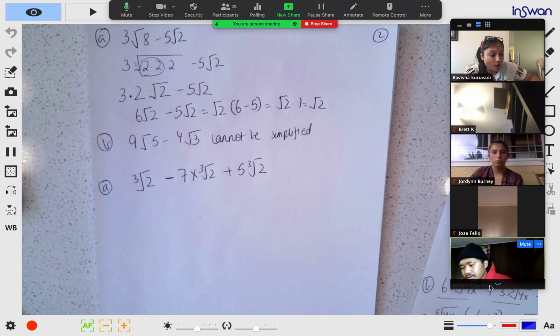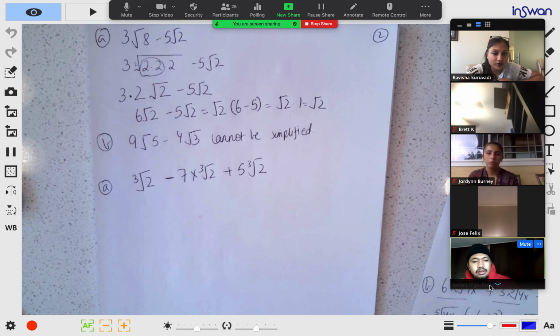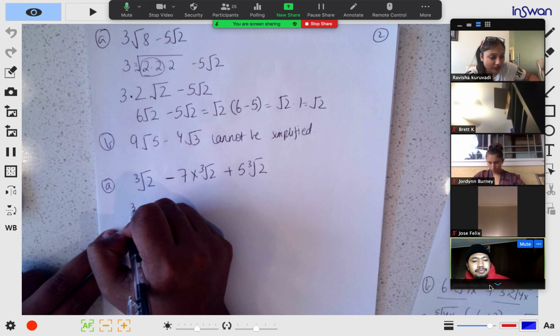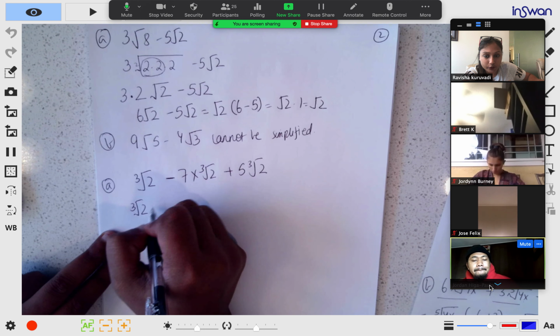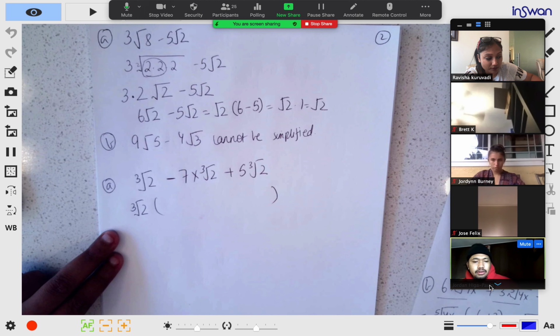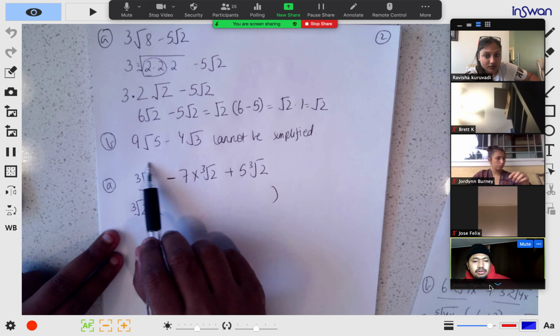Let's see. How many terms are there, Jordan, here? 3. Is there anything common between all of these 3? Yeah. What is it? The cube root of 2. I took out the cube root of 2 from this. What am I left with? From the first term, you took out the cube root of 2.